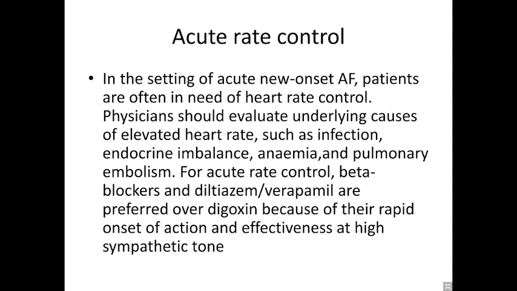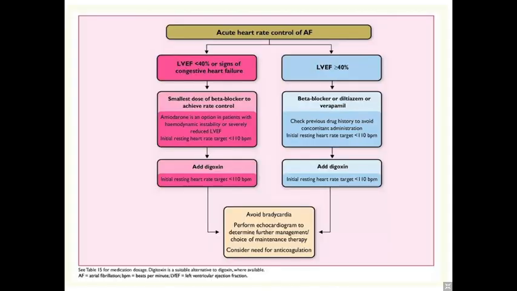Acute rate control. Acute rate control is needed for patients with practically all types of atrial fibrillation, paroxysmal, permanent, or persistent. And for acute heart rate control, we can use beta blockers or calcium channel blockers and digoxin, of course.